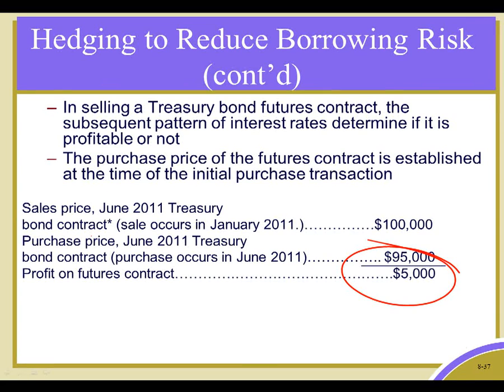And so this is what we refer to as hedging. We've got two positions, one as a borrower, the other in the futures market. The same event, a rise in interest rates, impacts both of them, but it impacts them in opposite directions. It makes our firm less valuable in that we have to borrow at a higher price. It makes our firm more valuable in that the futures contract has gotten more valuable, and therefore we've got $5,000 more dollars. So that's the essence of what hedging is.